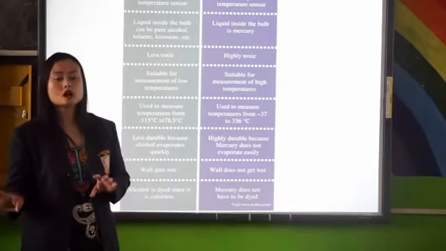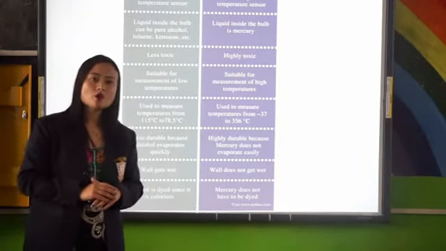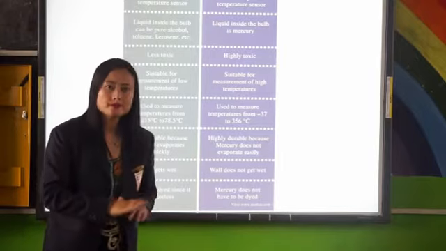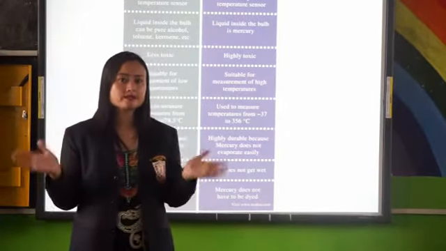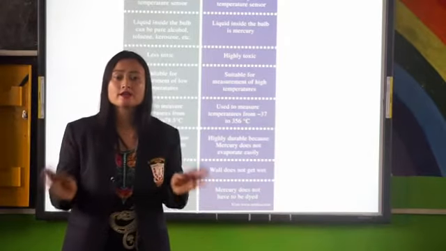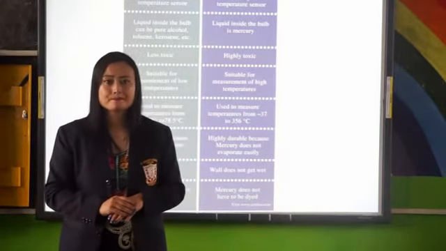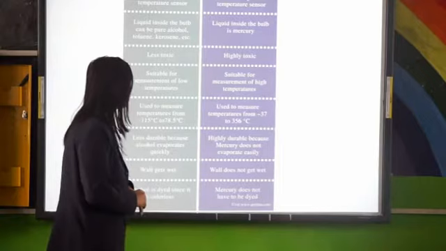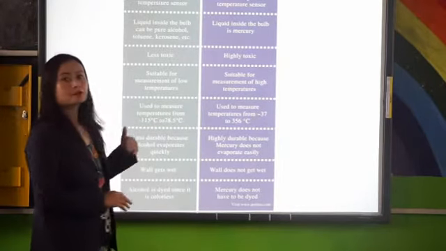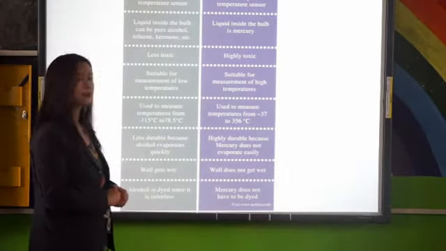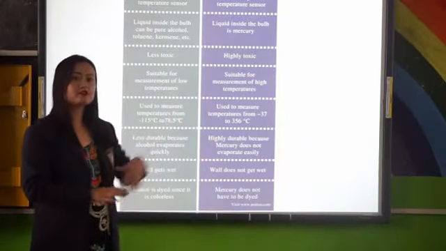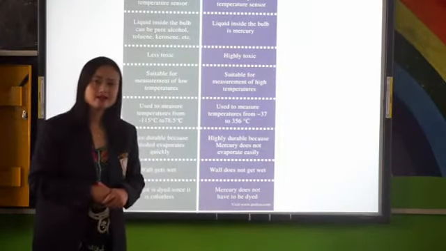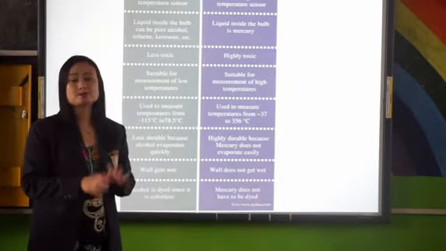That's why alcohol is used in very cold places as a thermometric substance, whereas in places where the temperature is high, what is used? Mercury, because the boiling point of mercury is very high.